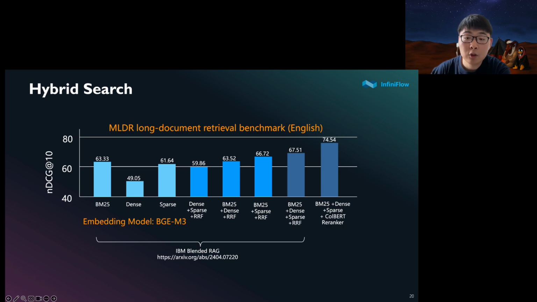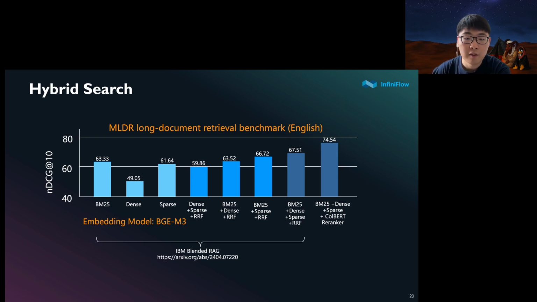We could say that two-way recall performs better than single-way in terms of NDCG, where three-way recall performs the best. This aligns with the findings published by IBM in Blended RAG in April 2024. We can use Infinity to reproduce their findings.